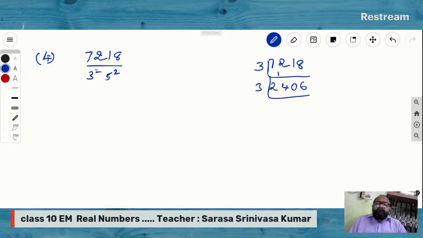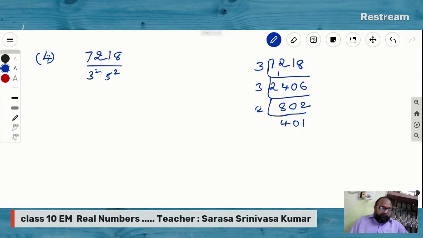Again 3 eights, 0, 2. Now we divide it by 2, so it is 401. 401 is a prime number.